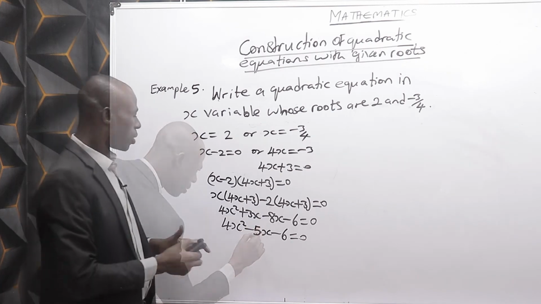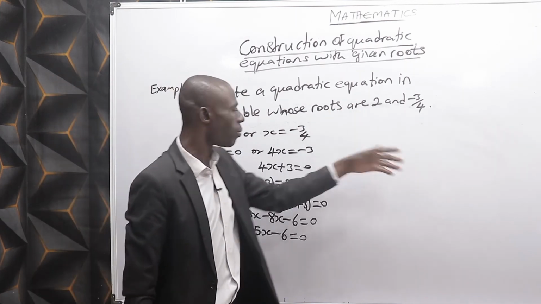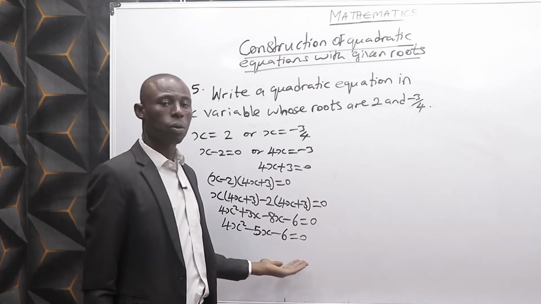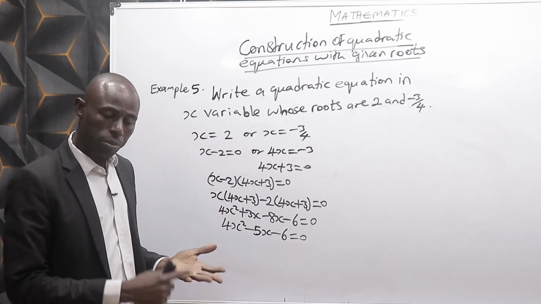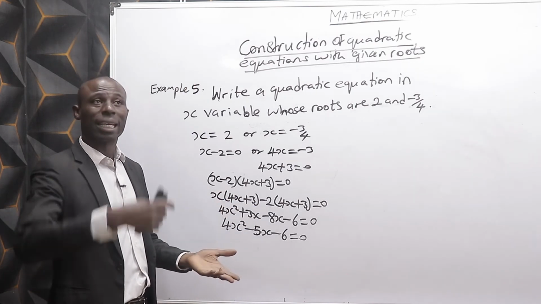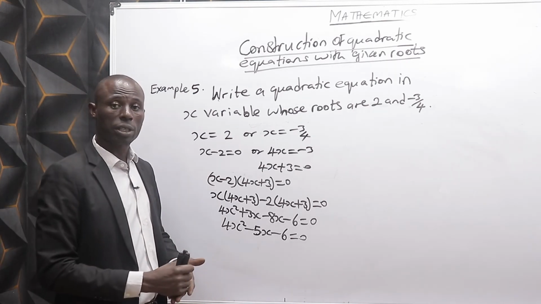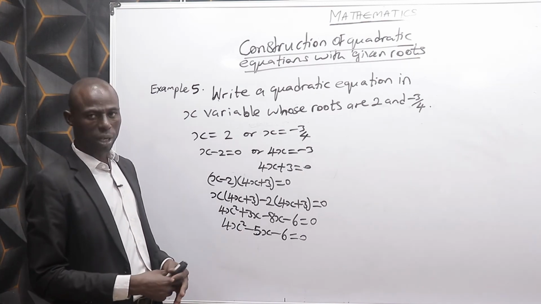That is the quadratic equation whose roots are 2 and minus 3 over 4: 4x squared minus 5x minus 6 equals 0. This is a customary question in any examination, be it WAEC or NECO or any external examination in our country, Nigeria, or wherever. It's a customary question.